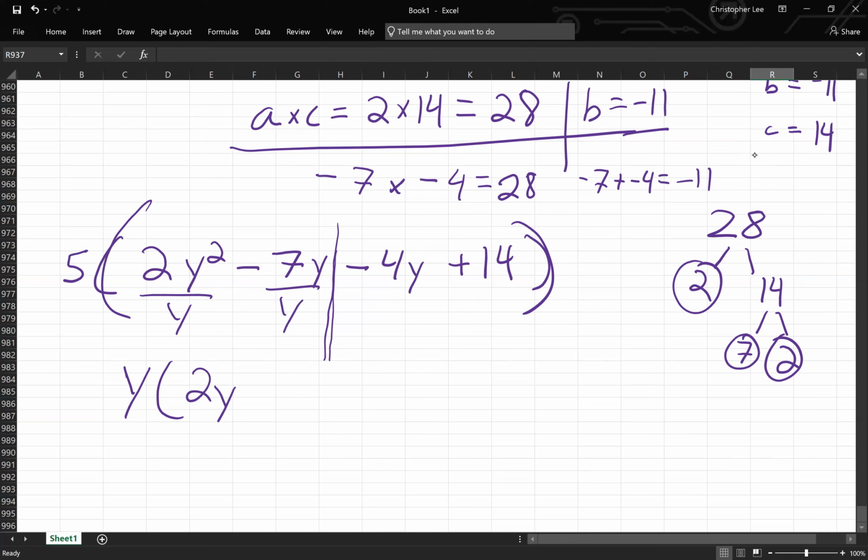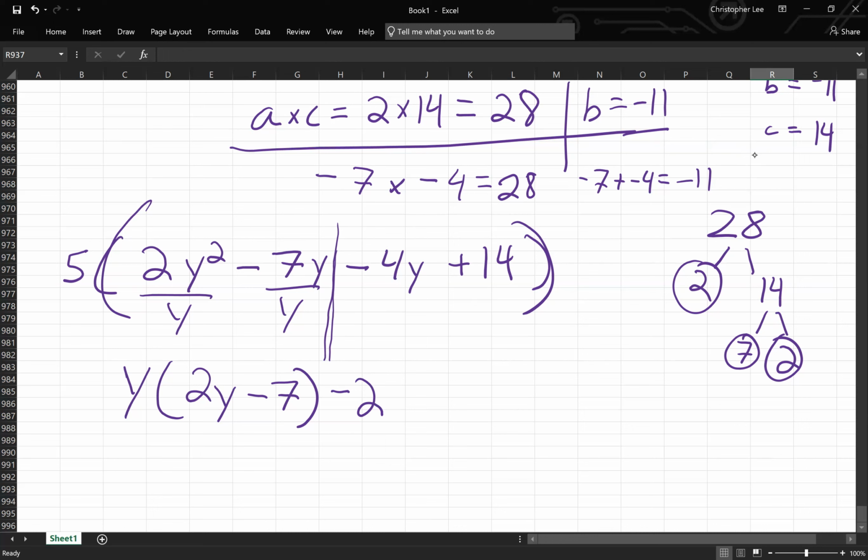2y minus 7. Excellent. Now I'm looking at the right-hand group, the negative 4y plus 14. What's the greatest common factor there? 2. Or wait, 4. You're close. Not 2. Negative 2. Now we're talking. Because the sign of my leading coefficient is going to be the sign of my factor.